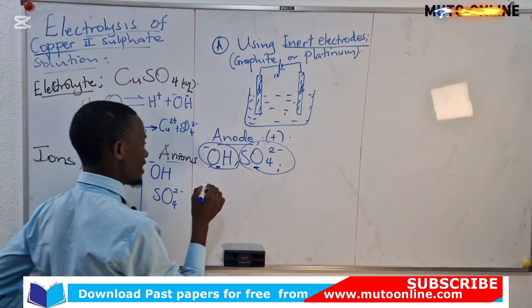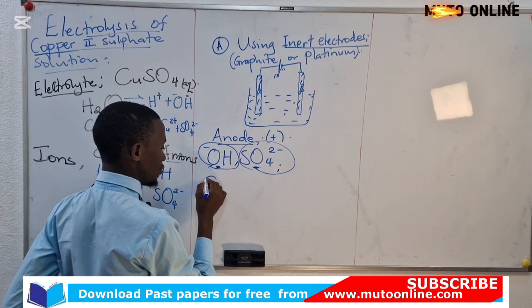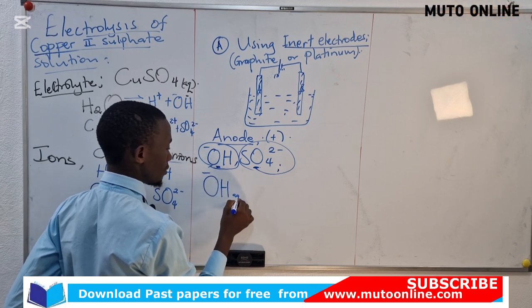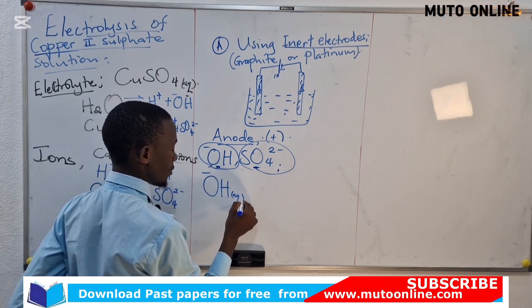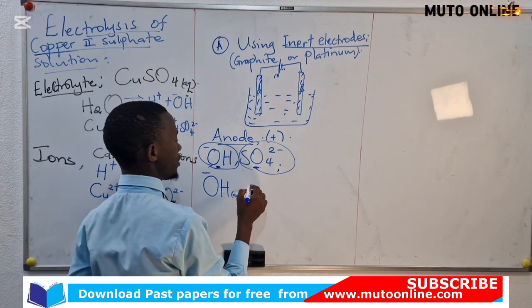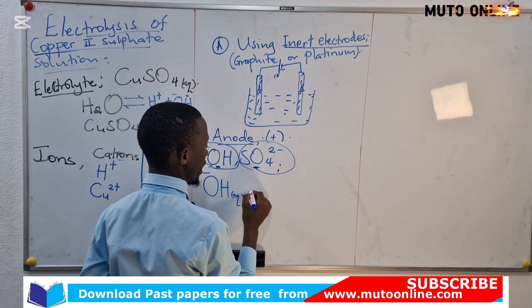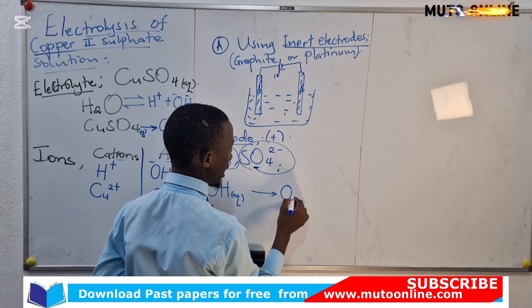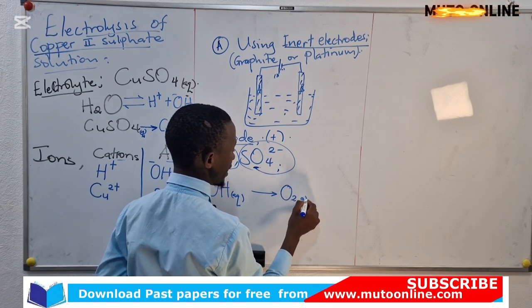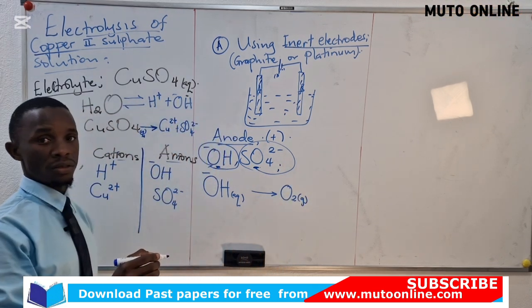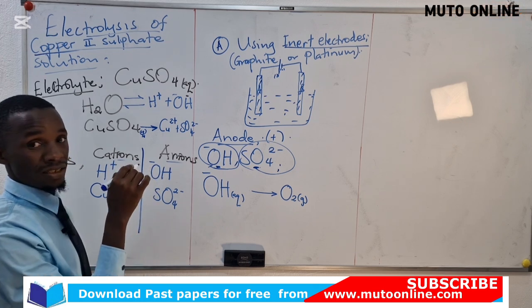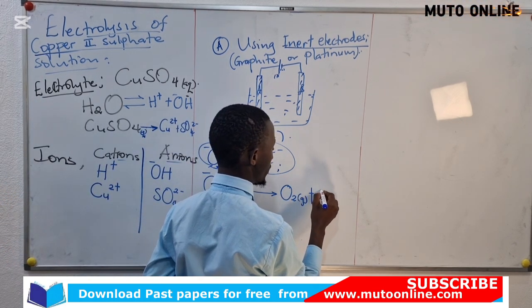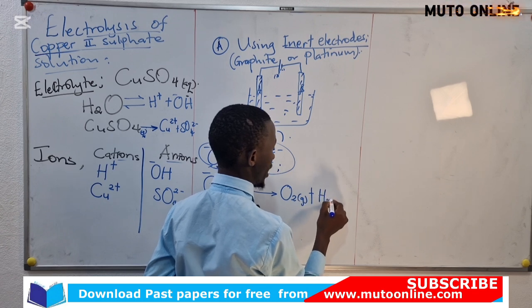So at the anode, the hydroxide ions will be discharged by loss of electrons to form oxygen that will appear as bubbles at the anode, and water.